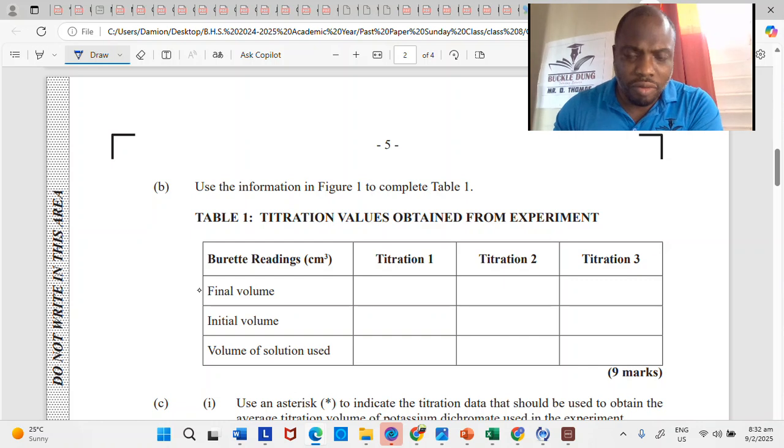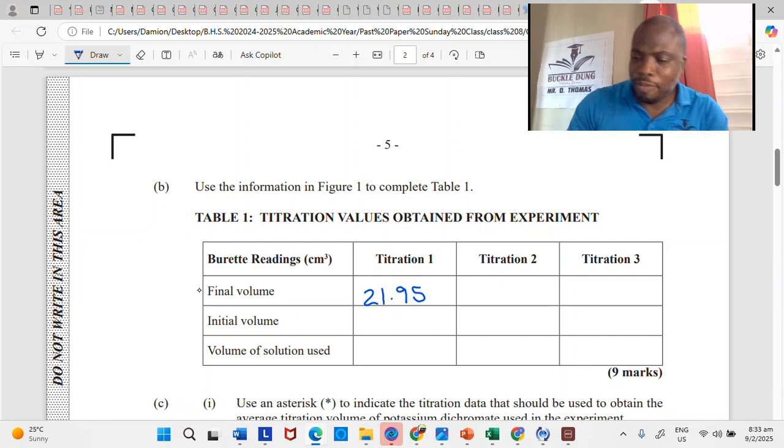So one of the things I was asking you to do is to write down the results. So what was the final one for the first titration? 21.95.